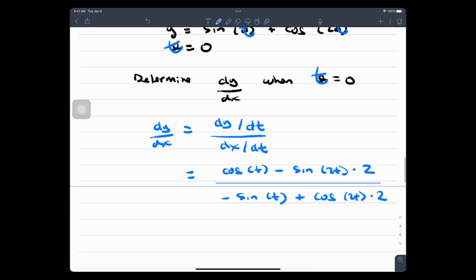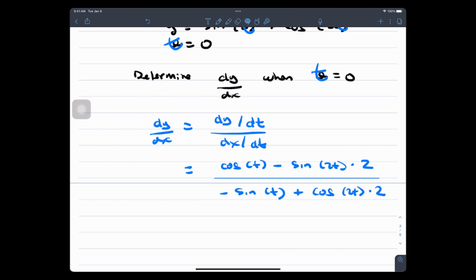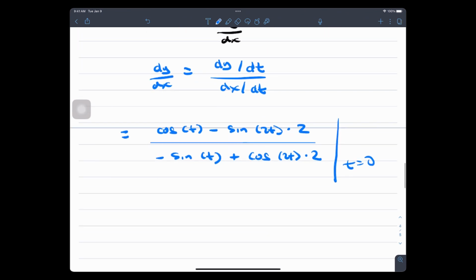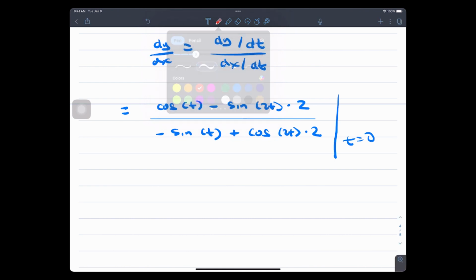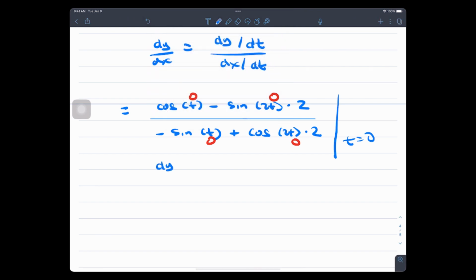And then they now want to find t, or let t be what number? T is 0. So if t is 0, okay. What's cosine 0? Do you guys know? 1.